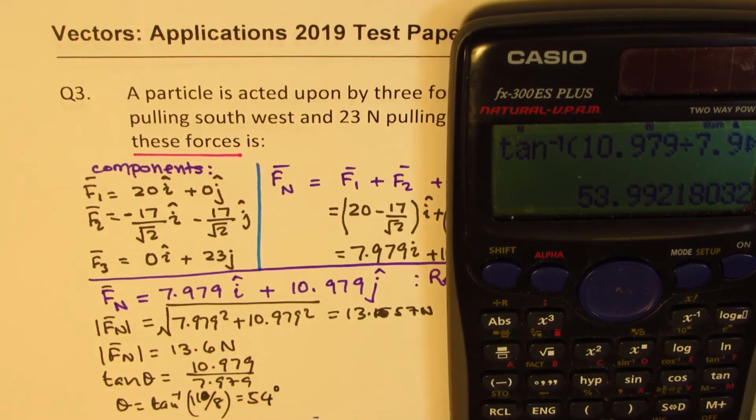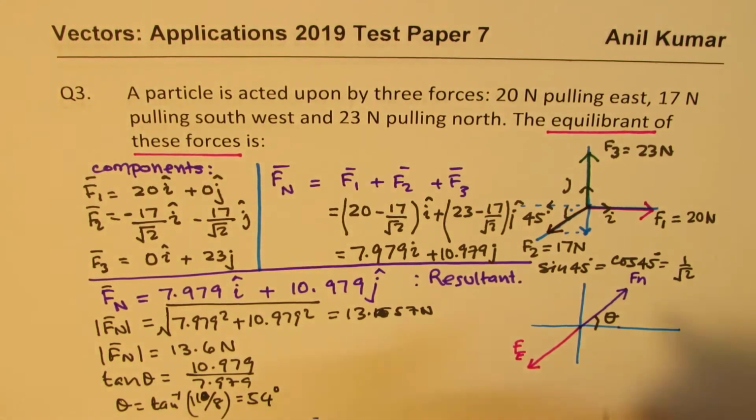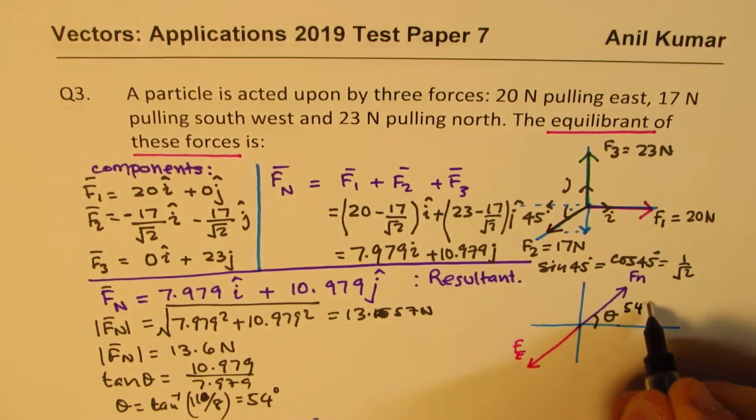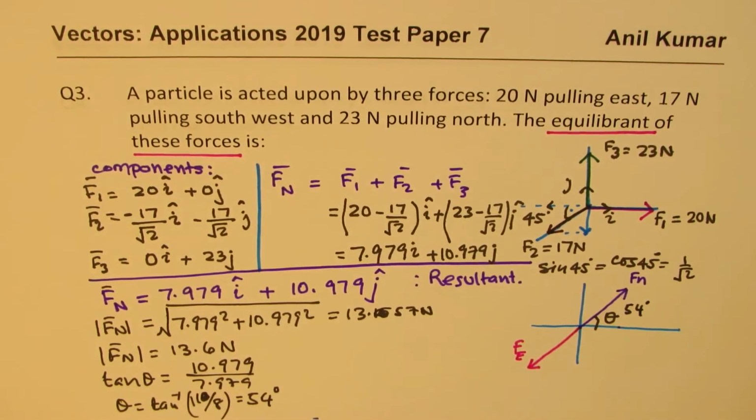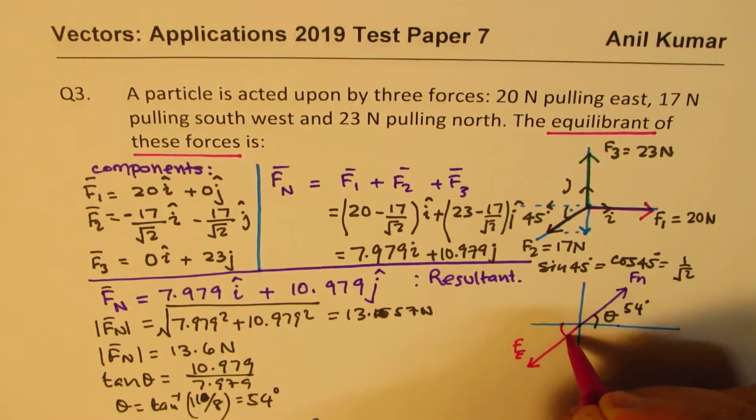That's good. So we got this angle theta as 54 degrees. You understand? So that really means that this angle here is also 54 degrees.